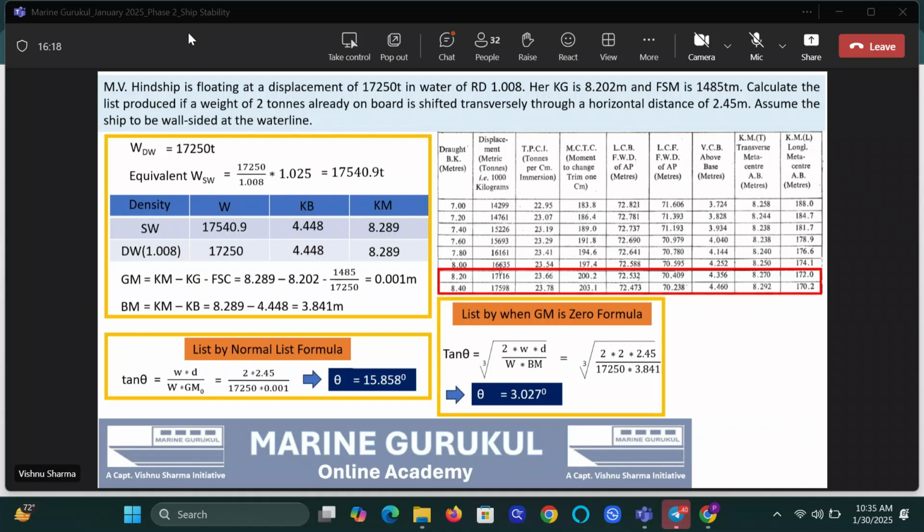Yes, sir. I am saying if I reduce my GM to 0, that means I also lose the 0.001 that I have, and I'm getting a list of 3 degrees. And if my GM is more than 0, 0.001, how can my list be more than 3 degrees then? That means 15 degrees, 16 degrees, because GM is tending to 0, the list is getting amplified and the error is increasing because of the denominator tending to 0.